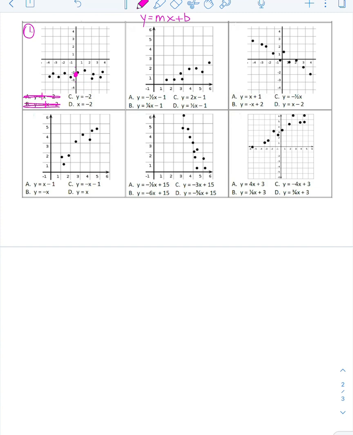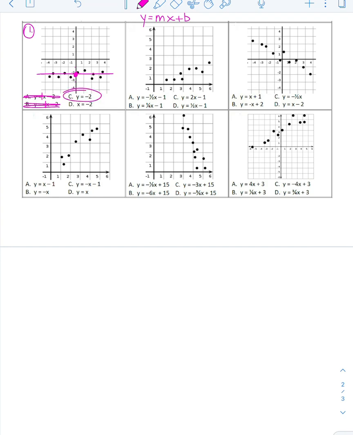My C and D are some interesting choices. If I have y equals negative 2, remember that means I have a slope of 0, and my line would look like that. That is our choice. If it had been x equals negative 2, my line would have looked like that. So my choice for 1 is C.